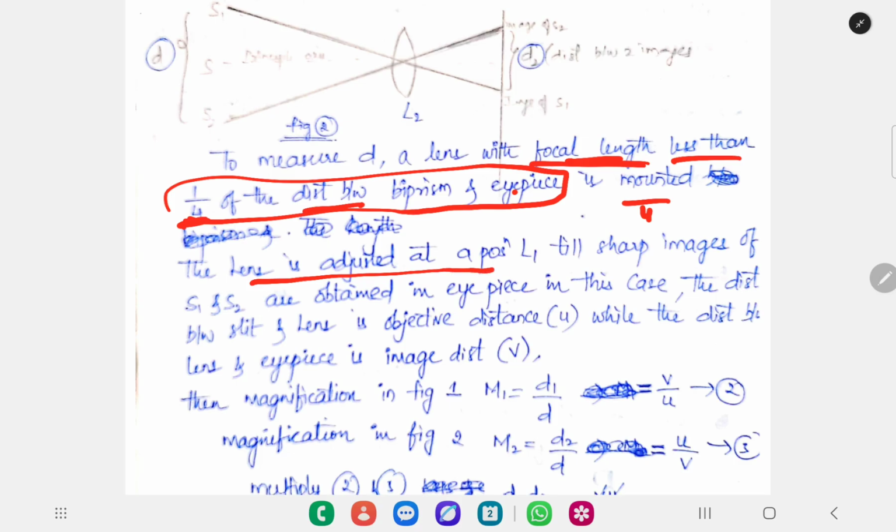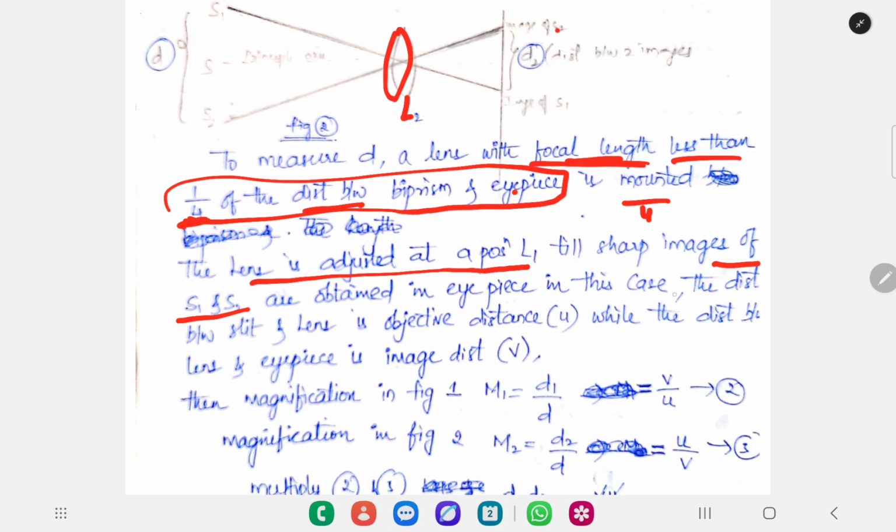So the lens is adjusted at the position L1 till sharp images of S1 and S2 are obtained in the first case. So we are getting d1, and in the other case we are moving the lens to a certain distance to see the exact sharp images, and we get d2. So we have to get two d values so that we get an accurate value.